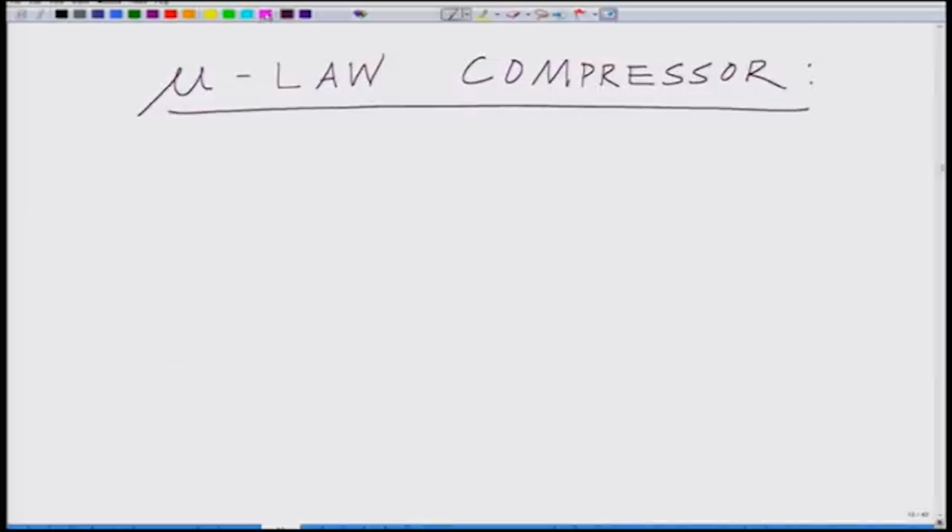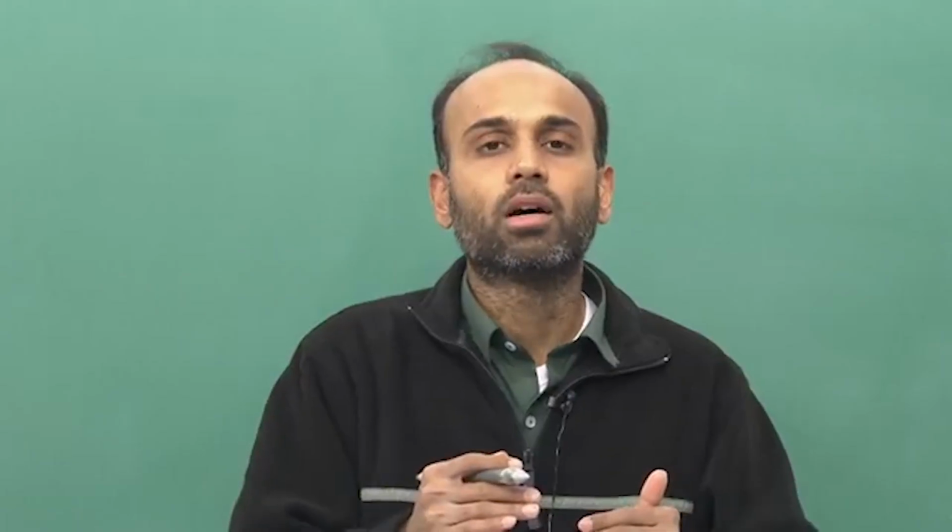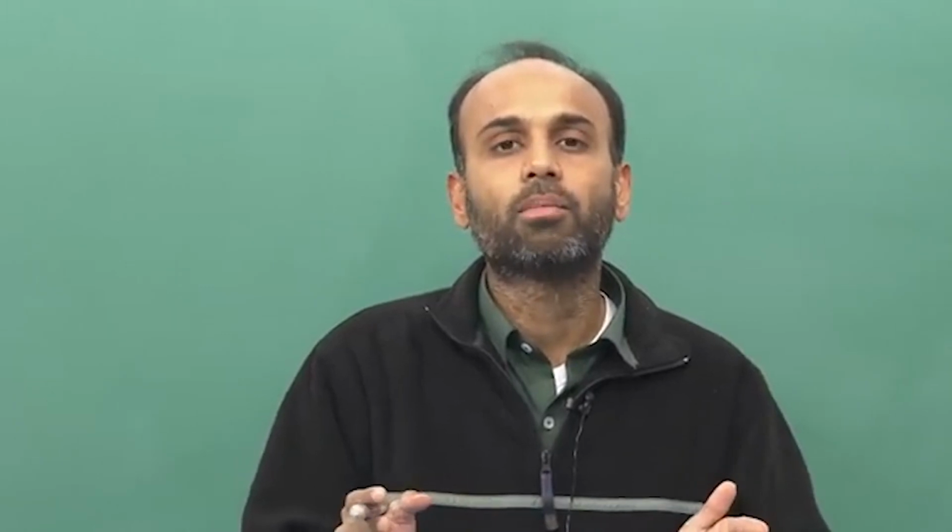And the mu law, that is an input output characteristic. Remember, this companding is nothing but an input output mapping. It is a non-linear mapping from the input to the output, such that the smaller amplitude region is mapped to a larger width, all right, and the larger amplitude region is compressed, all right. That is the process of companding.